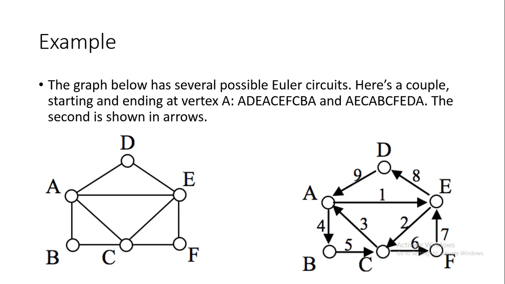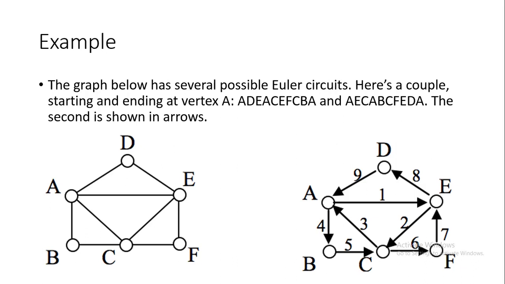See here the second circuit: AE first, then EC second, then CA third, then AB fourth, BC fifth, CF sixth, FE seventh, ED eighth, and DA ninth.